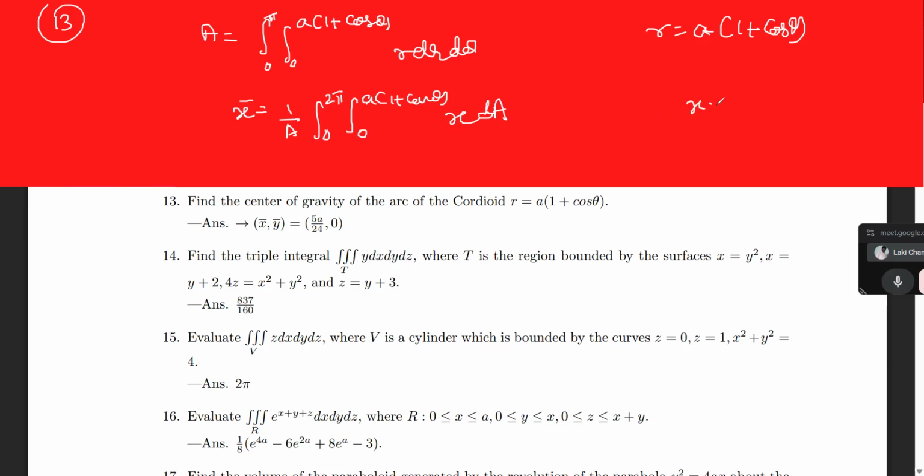Here, put x is equal to r cos theta in polar form, and dA is dx dy. Y will be 0. Why? Because when you draw the diagram, center of gravity lies on x-axis, not on y-axis. So y bar is 0. So find the value of x bar and check whether this is 5a by 6 or not. I told you already how to find area and how to find x bar and y bar. Check this.